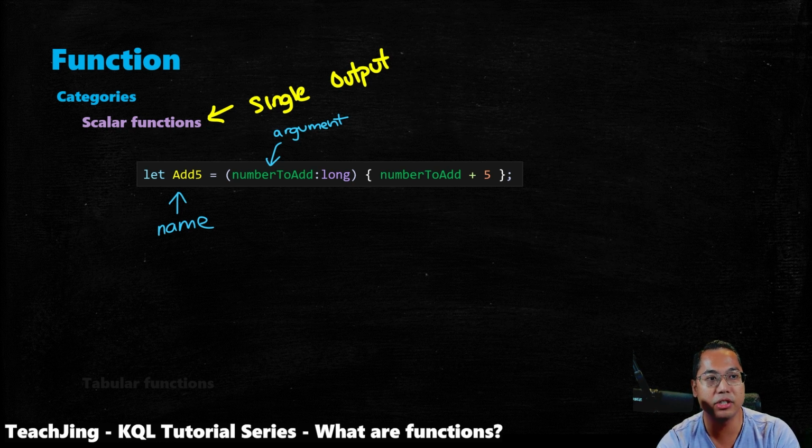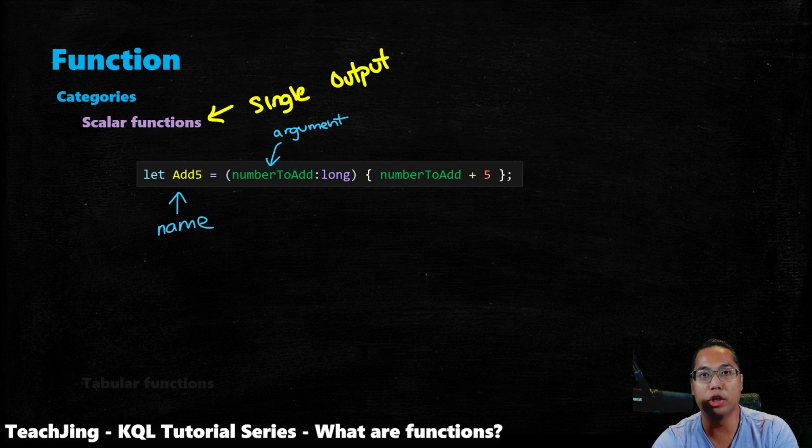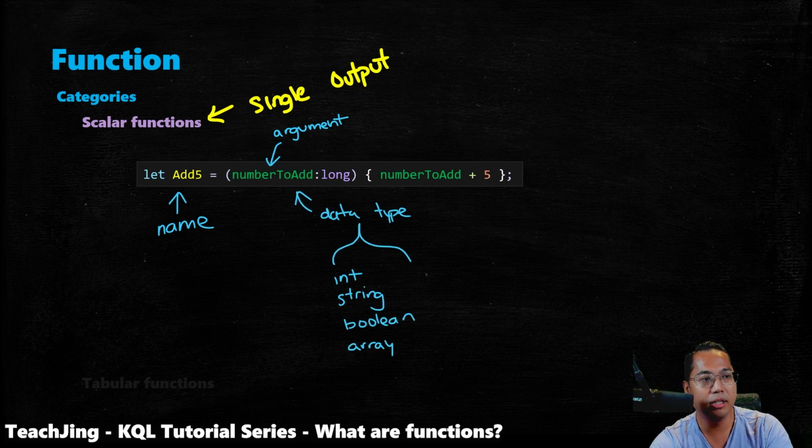You may just want a function that doesn't require an argument, where you build a really complicated query and just put it into a word that you want to call, right? A function. But if you pass an argument, that argument becomes something you can use within the script, okay? So that number to add could be an integer, string, Boolean, or array. That argument could be any type, right? And in this example, it's just going to be a long, a number.